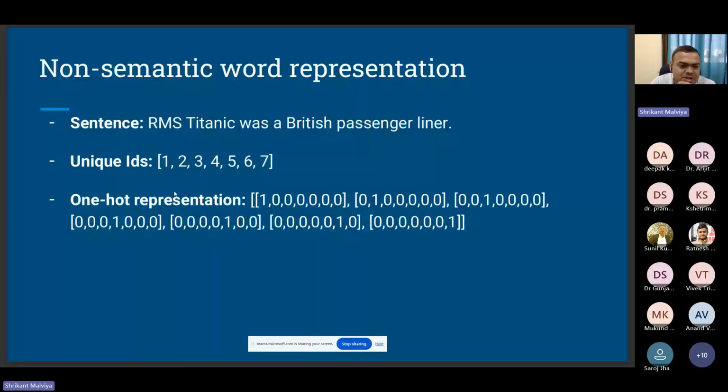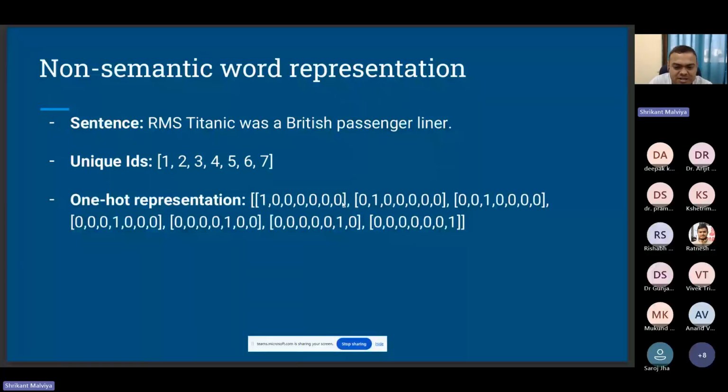Suppose RMS gets ID 1, Titanic 2, then 3, 4, 5, 6. So each word gets a unique ID. And now, based on that unique ID, we simply create a one hot vector. For RMS, the unique ID is 1, so at one place it will be 1 and at the rest of the places it will be 0.